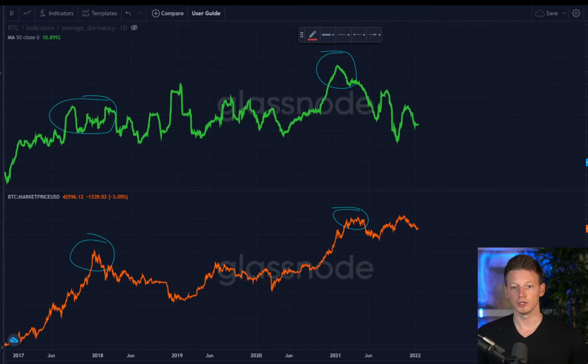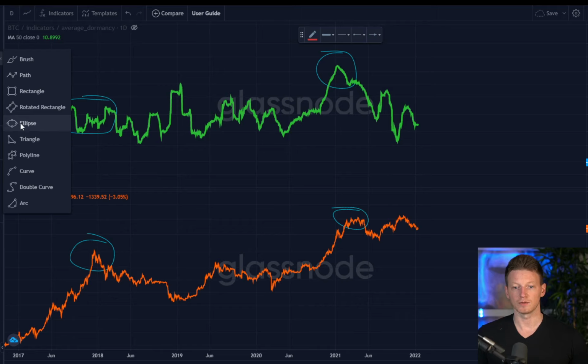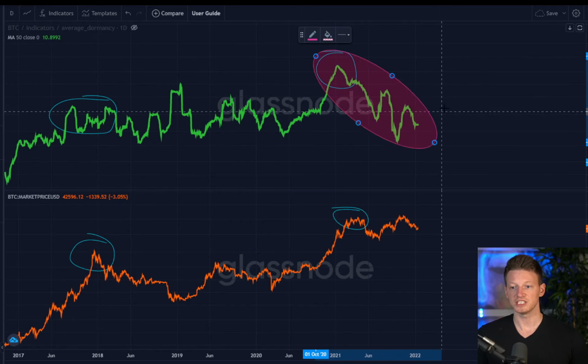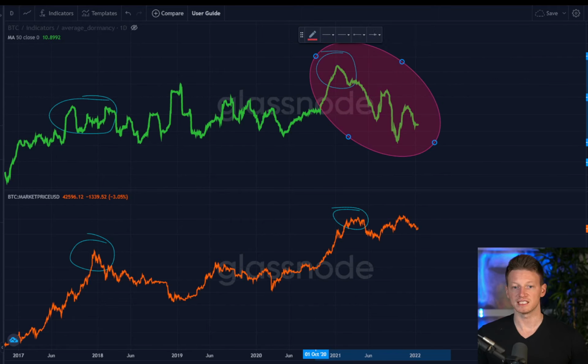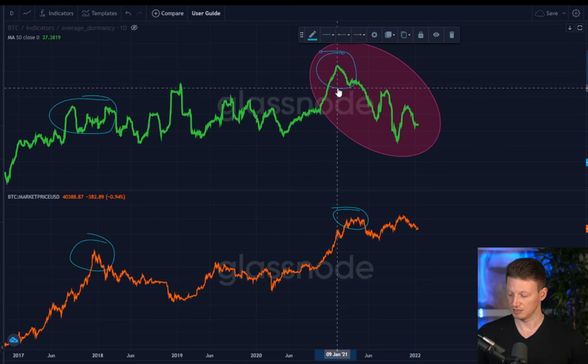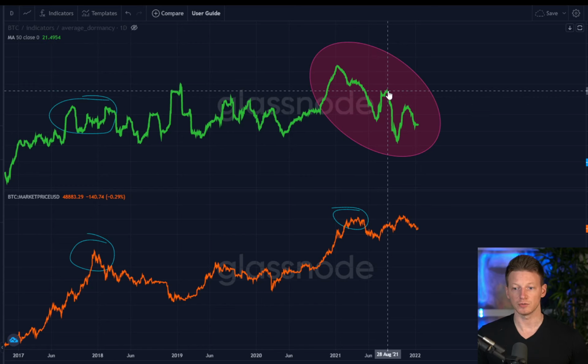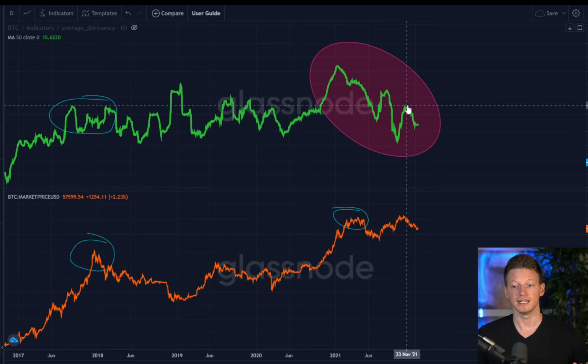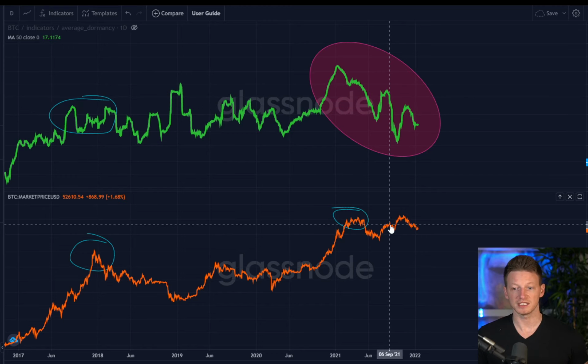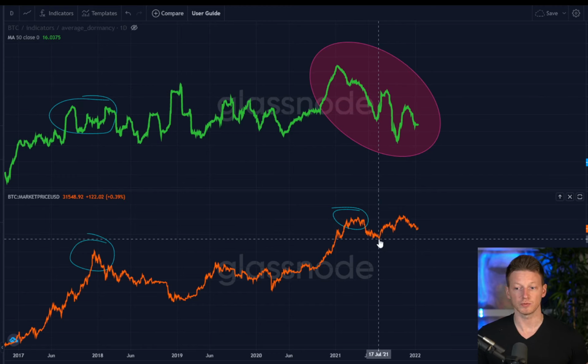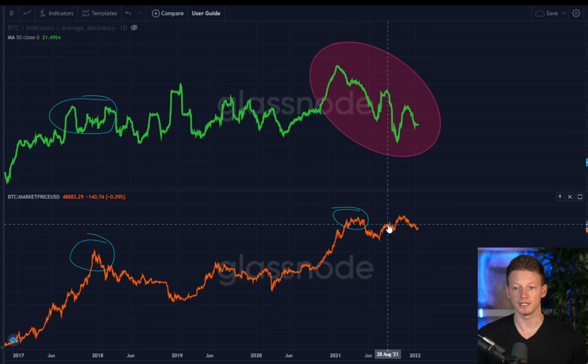Okay. If you look at what's happening right now, we are seeing the dormancy rapidly dropping. Now, there have been spikes. We saw a spike here in August and a spike here in November. And if you remember, in August, we had just gone from a $30,000 Bitcoin up to around $50,000.